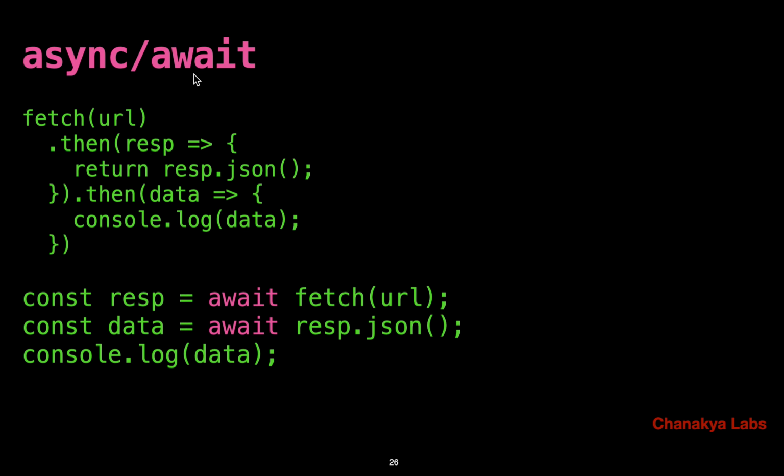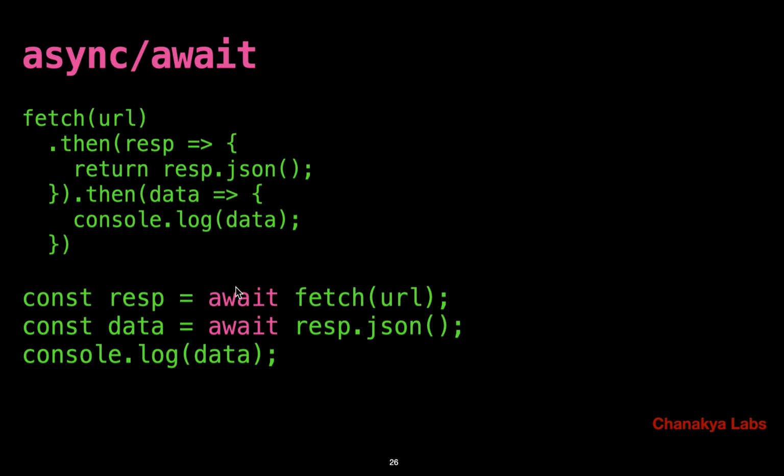Async await simplifies that syntax. What it does is that you just put a word in front of a promise. So fetch URL gives a promise, right? Just put a word called await in front of the promise, then we will get the data rather than the promise. So earlier we saw that if, let's say, we have some const d equal to this fetch thing directly, and we console log that, then we will get a promise, right?